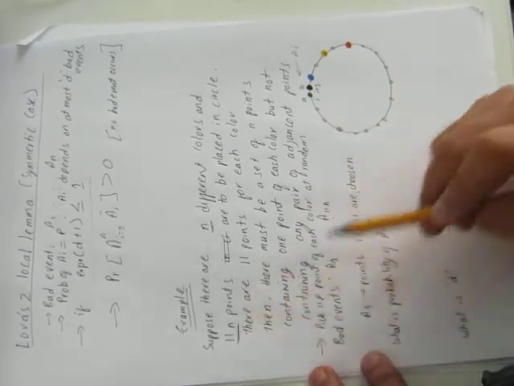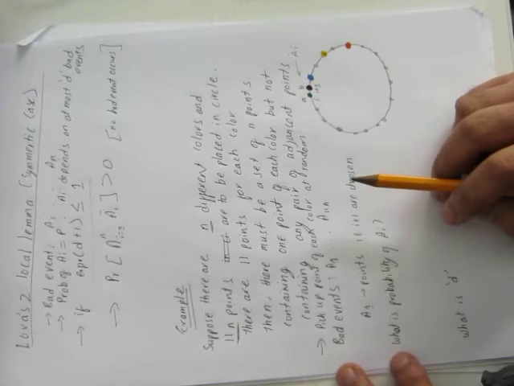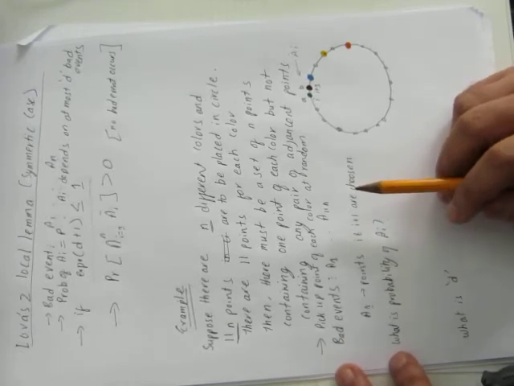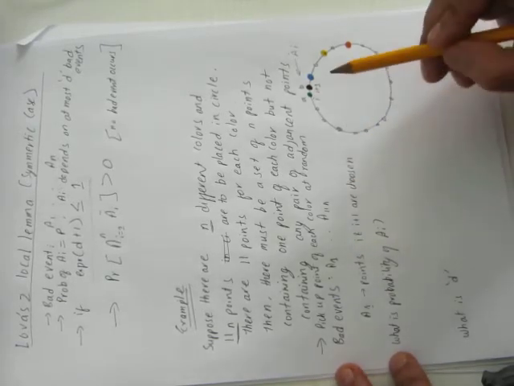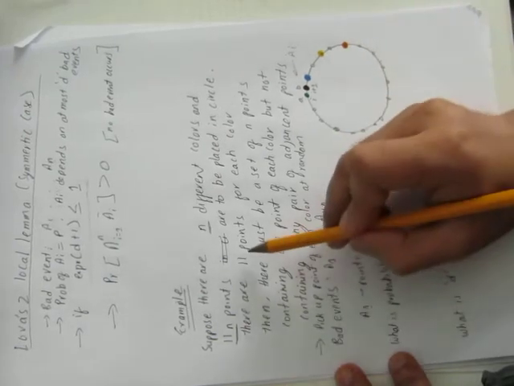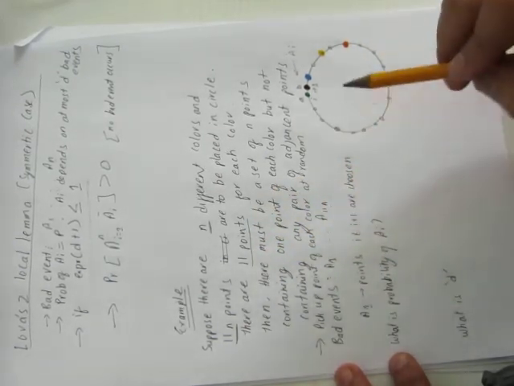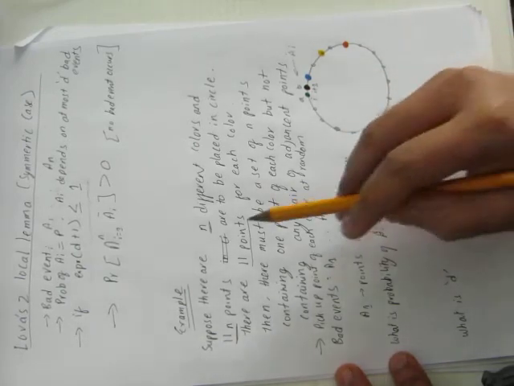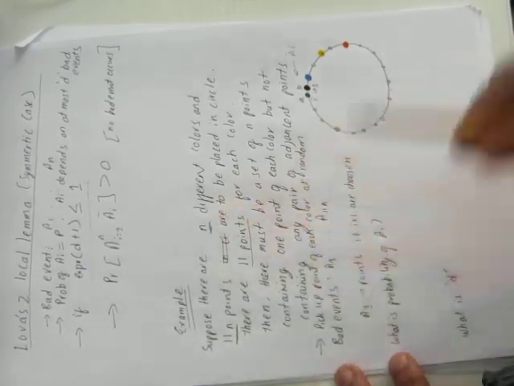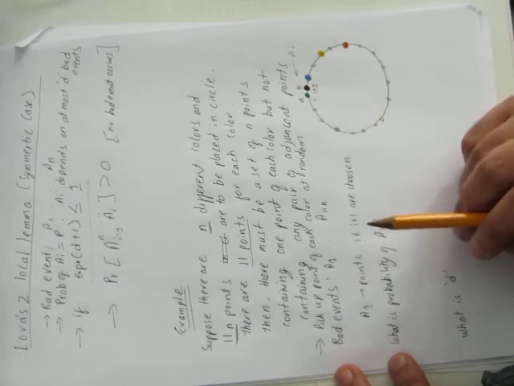We have 11n points, and we have to put 11 points for each color. So each color takes 11 points, so n different colors take 11n different points.